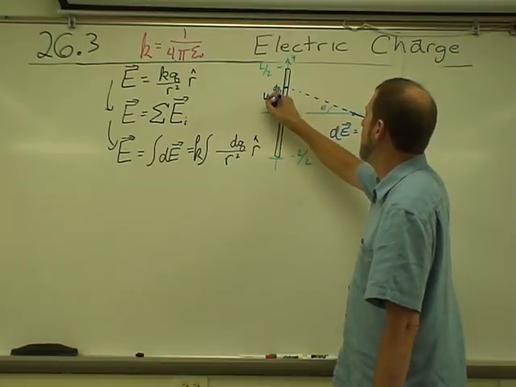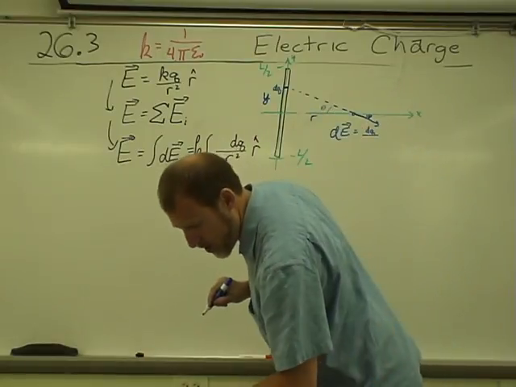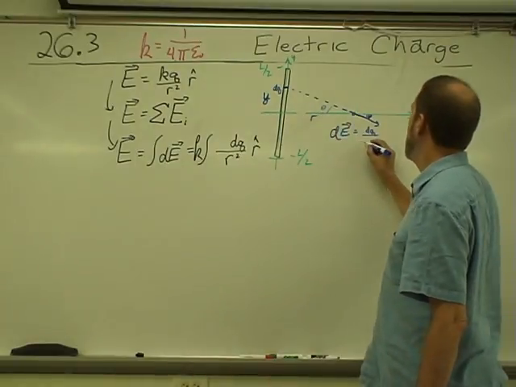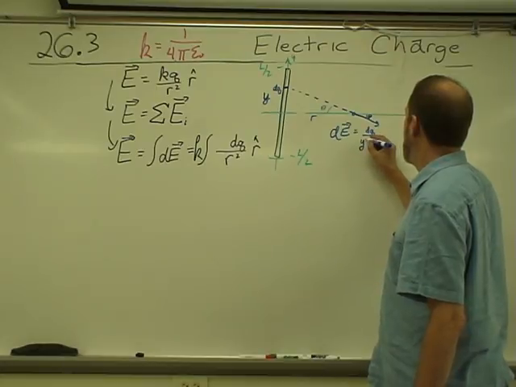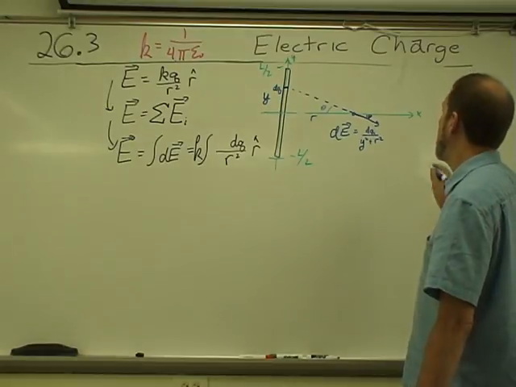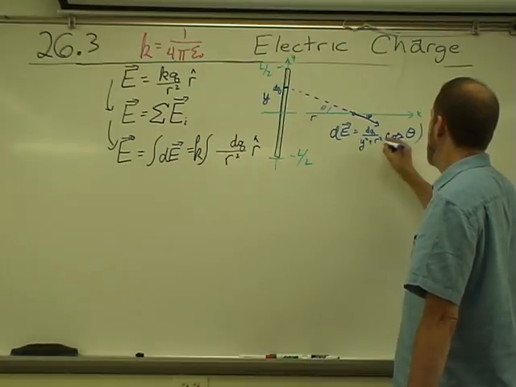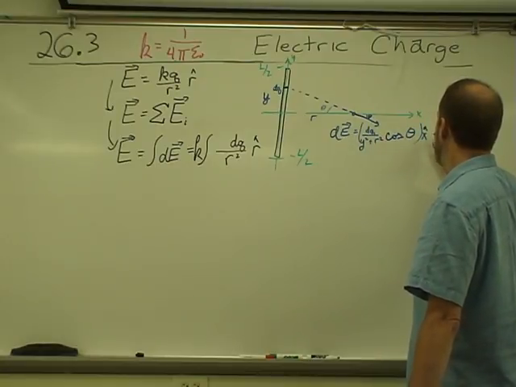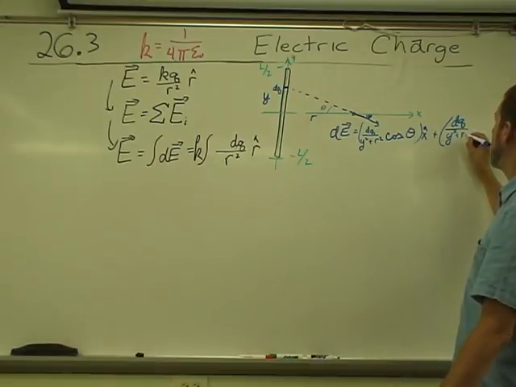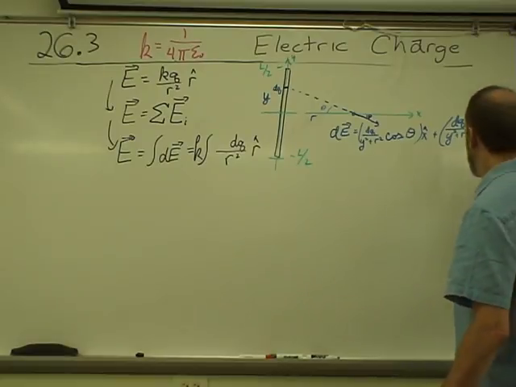Let's call it y squared plus r squared is equal to the distance squared, times the cosine of theta in the x direction, plus dq over y squared plus r squared times the sine of the angle in the y direction.